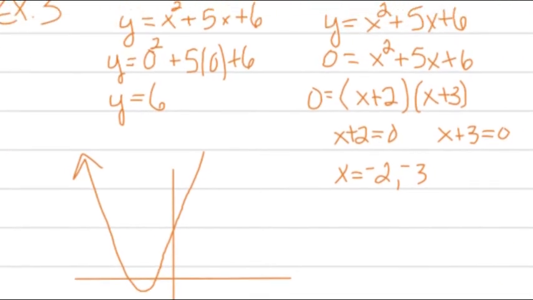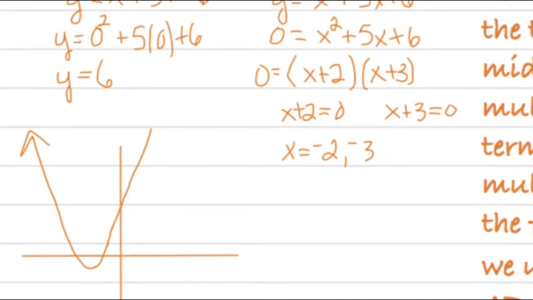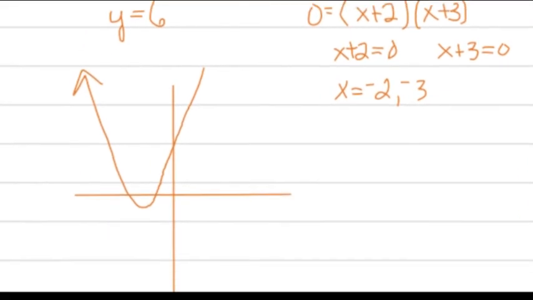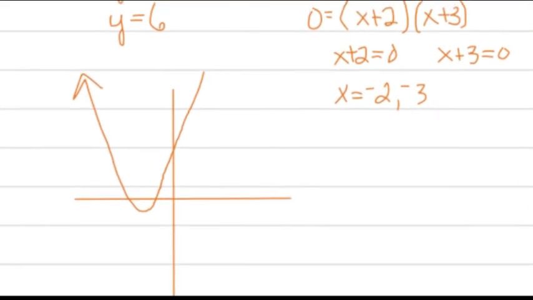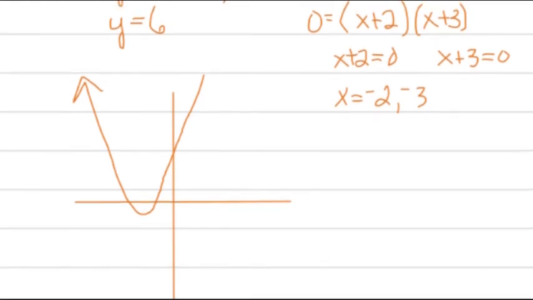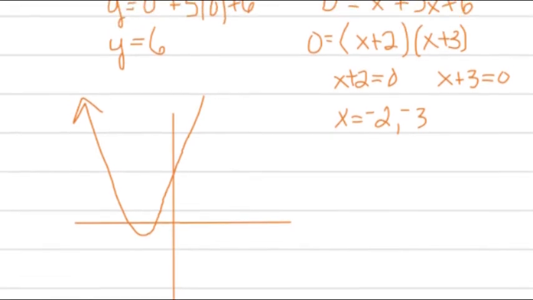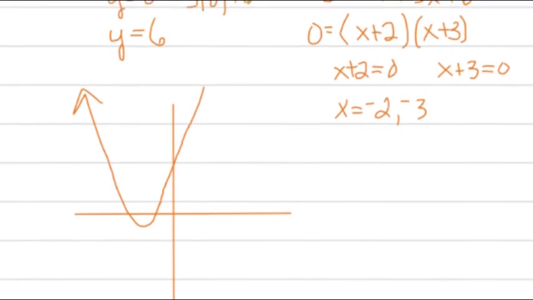So we have over here our y-intercept, and we have our x-intercepts. So for a rough draft of the graph, we have your y-intercept up here at 6, and your x-intercepts on the negative side of the axis, negative 2 and negative 3. So your graph would look like this.